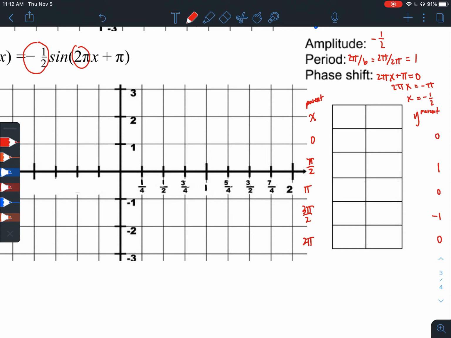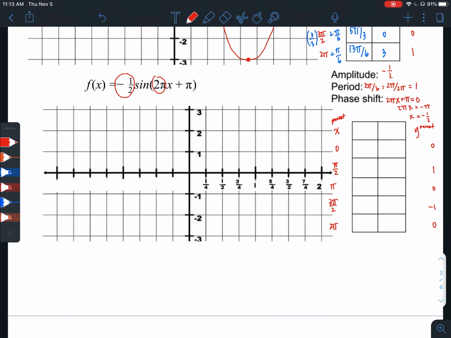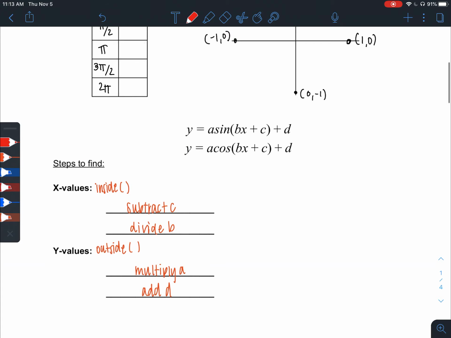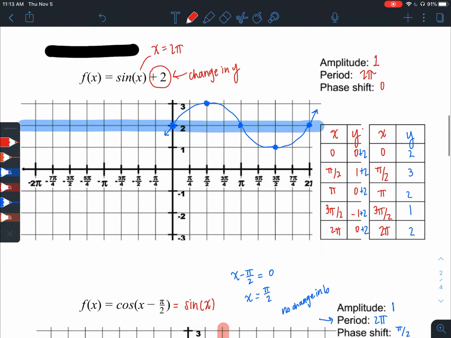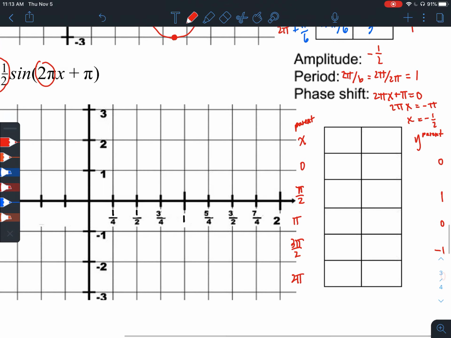So remember that with our x values, we need to subtract c, then divide by b. So we're going to take our c value, subtract it, and then divide by 2 pi for each of these values.